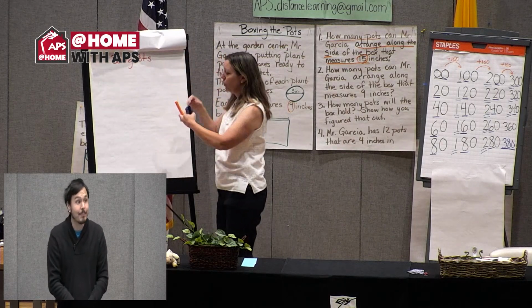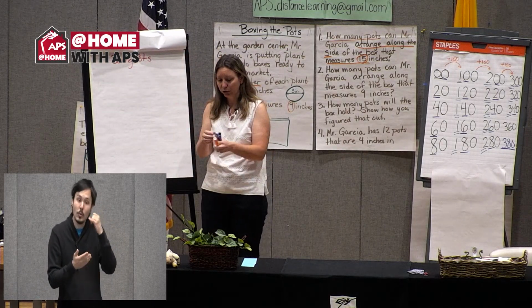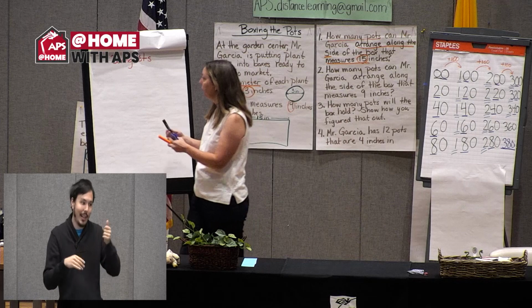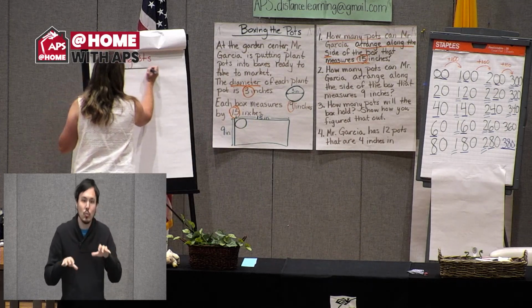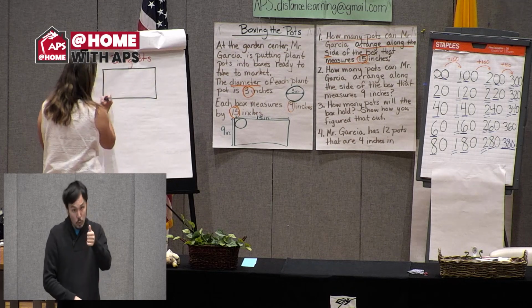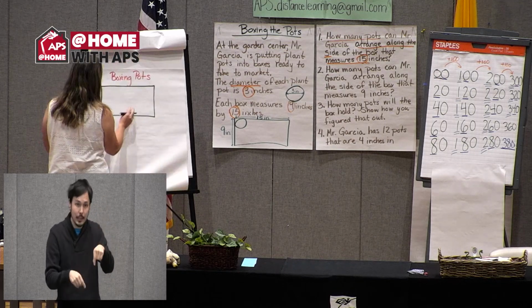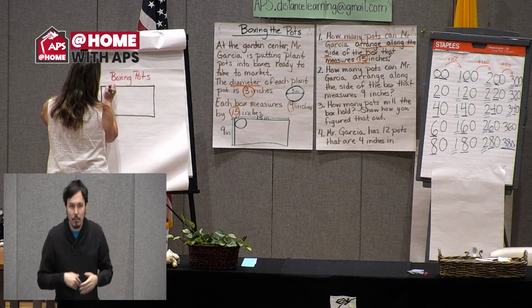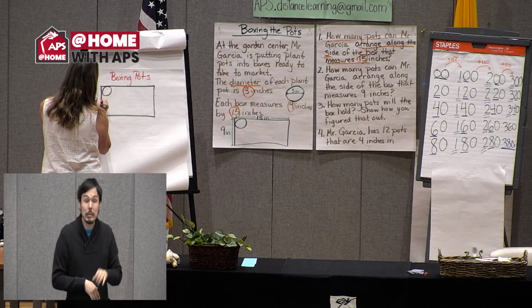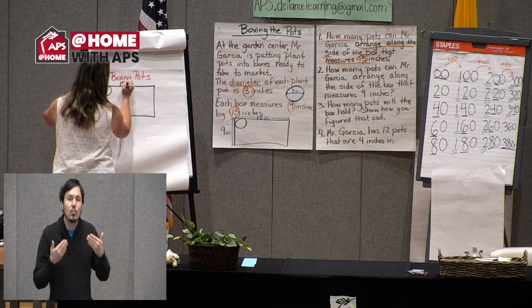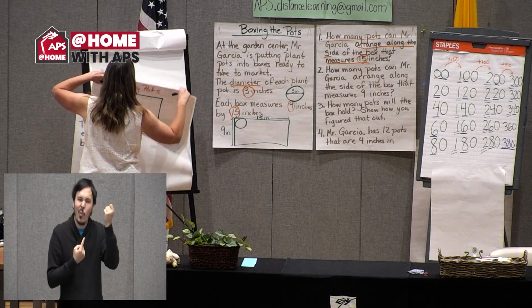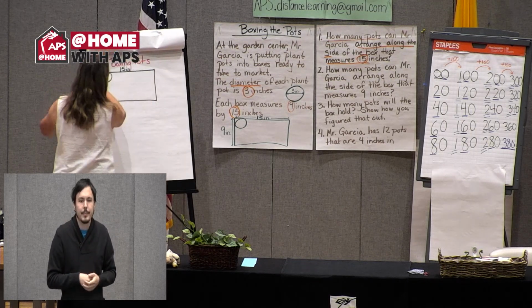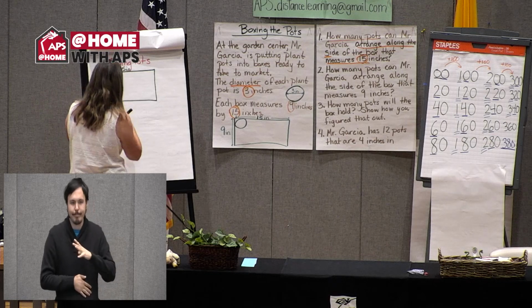So I am going to draw the box that we were originally given because that will help us in what we need to do. If you have downloaded this, you already have this. But if you don't have this, go ahead and draw it yourself because it's good information to have. All right.